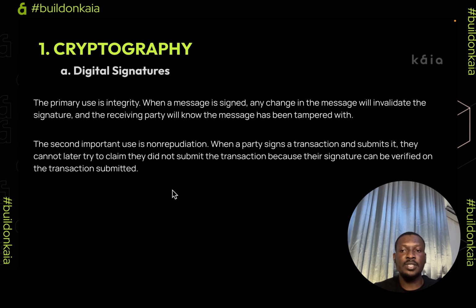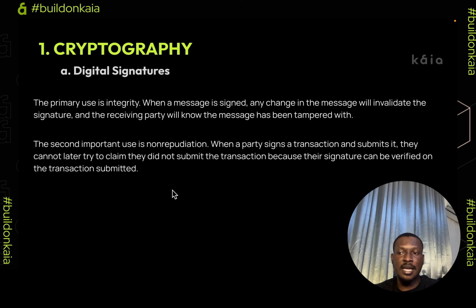Looking at the importance of cryptography in these functionalities, first, digital signature, right? So the importance of digital signature is to foster integrity. When you sign a message using your private key on the blockchain, a change in this message will invalidate the signature, and anybody receiving this message will know that this data has been tampered with because you literally signed the transaction with your private key.